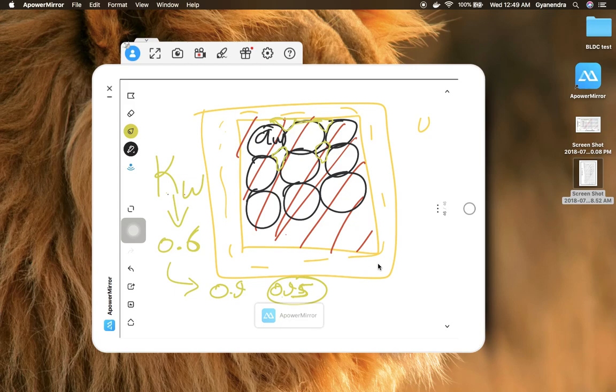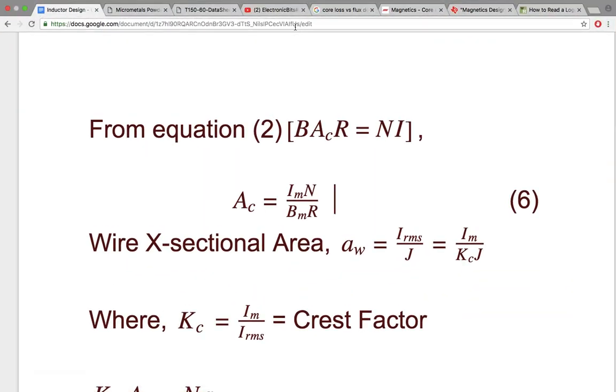If you are a beginner, choose 0.6 and design. If you are a student designing for a project, you can still go with 0.8, but I recommend 0.6 if you have just started designing inductors.